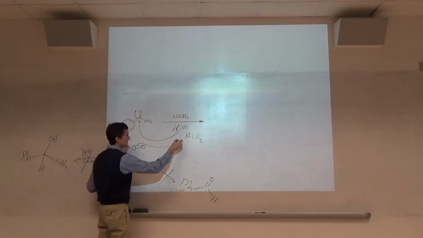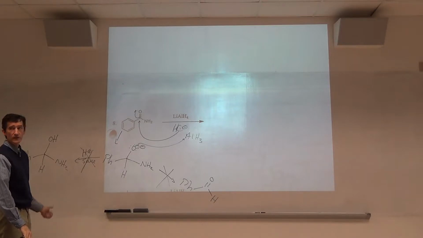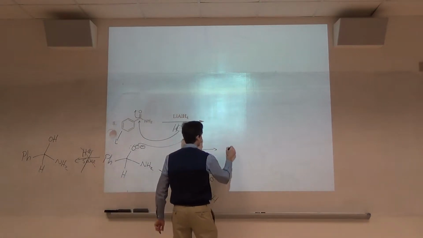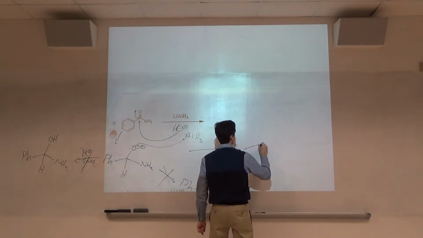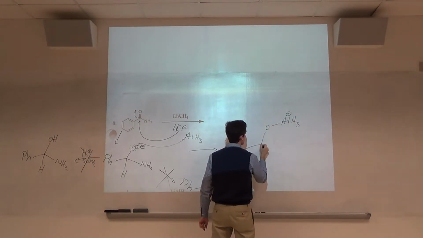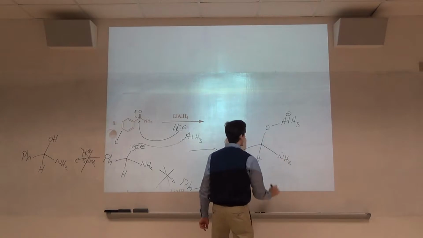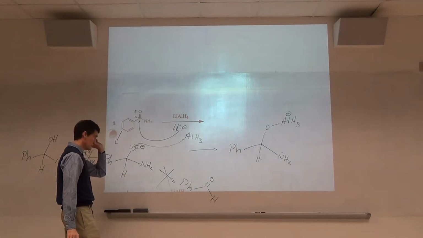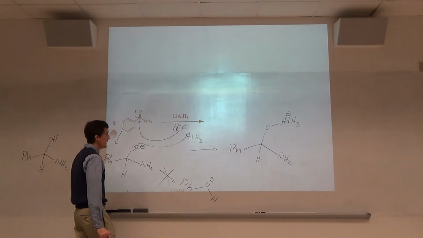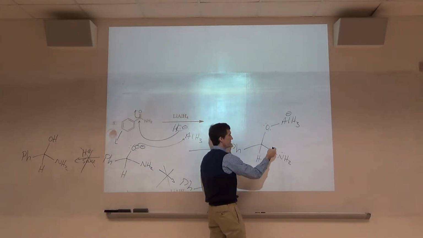Instead, these electrons coordinate with aluminum. Just like Friedel-Crafts acylation, a neutral aluminum is a Lewis acid. That gives AlH3 minus, and now that this oxygen is neutral, it can potentially leave.